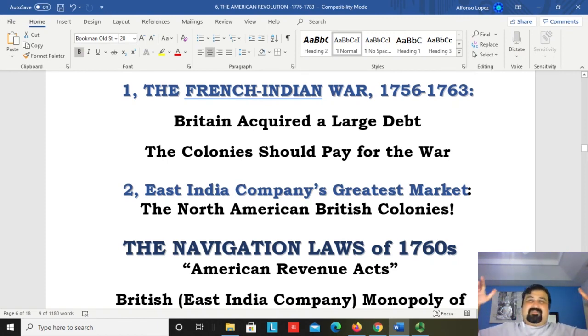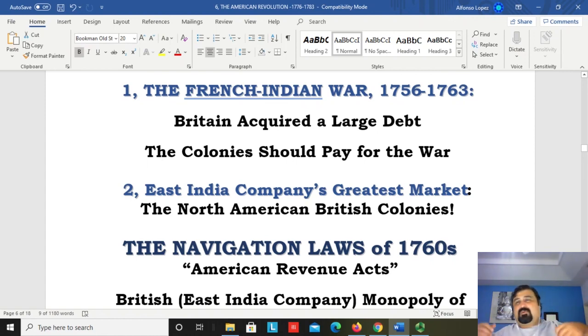And so the finances of the company were in trouble, and the British Empire needed, in a certain sense, to help this company sell this tea as quickly as possible. It was so costly to bring it.